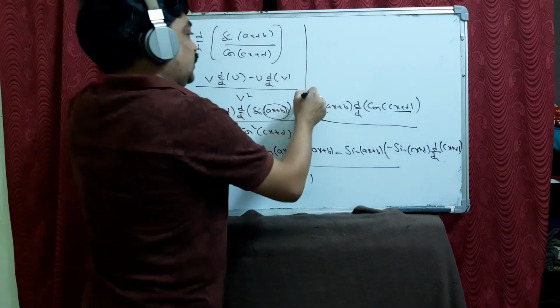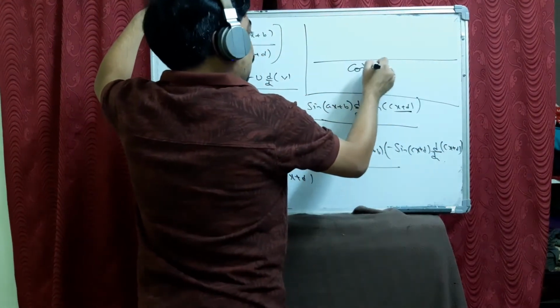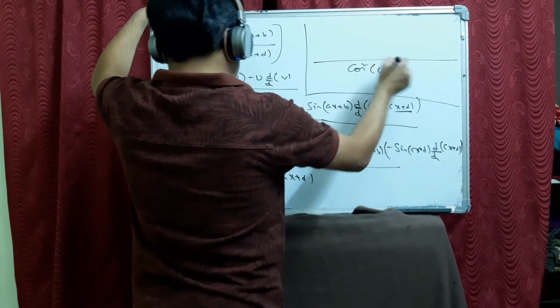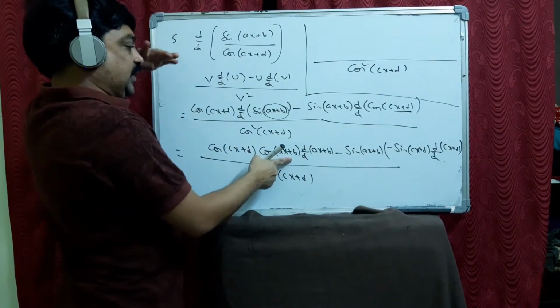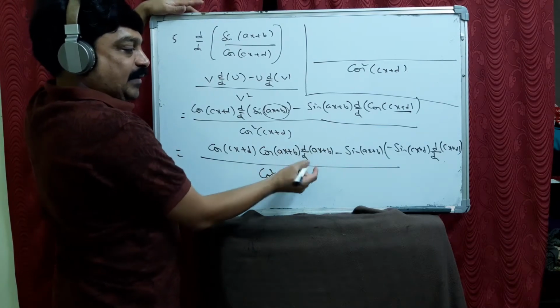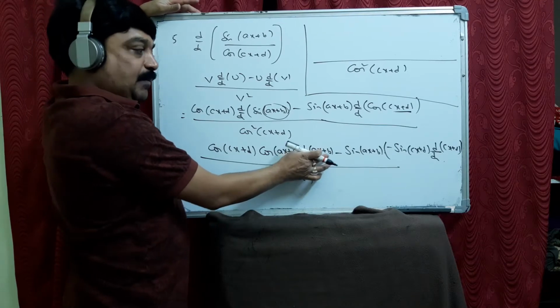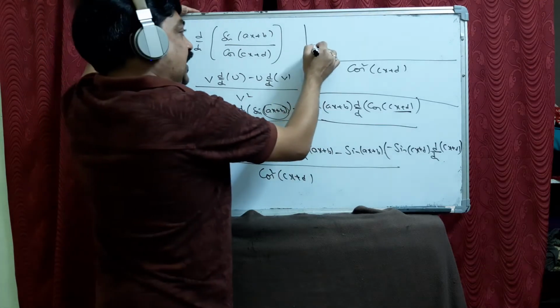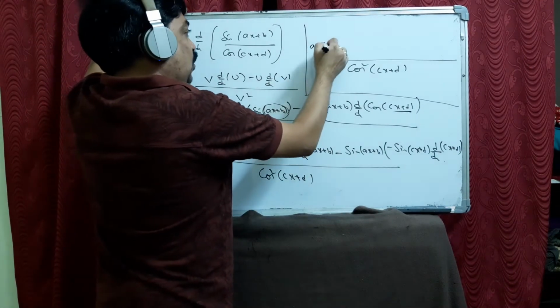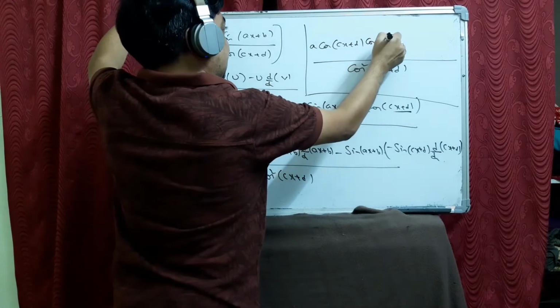Now, the last step we can take. The denominator will not change: cos square of cx plus d. It becomes cos of ax plus b, and here it becomes a into 1 plus 0. I am writing directly a, because when you take the derivative of ax, it is a into 1 plus 0. So I write that a first: a cos of cx plus d cos of ax plus b.